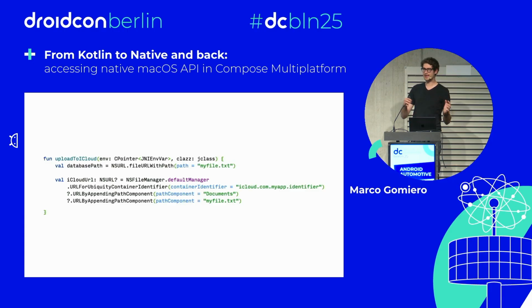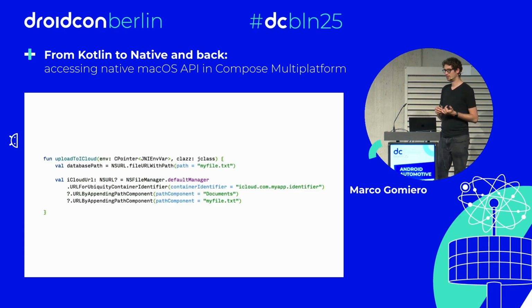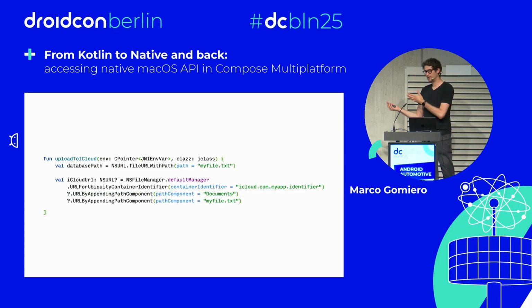First of all, we need to get the URL for the container of our app, which is assigned to our app in the iCloud storage. And this identifier is an identifier that we created on the Apple console.